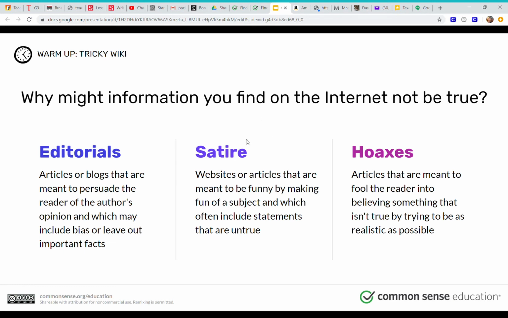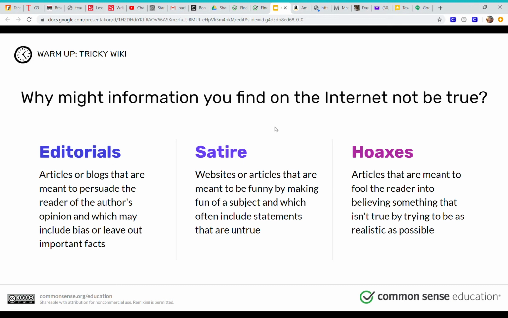Satire. Satire is a special type of joke where somebody writes something or sings or performs something that's meant to make fun of something else, okay? So websites or articles that are meant to be funny by making fun of a subject and which often include statements that are untrue. Okay, so satire is going to be really big and unbelievable and over the top.